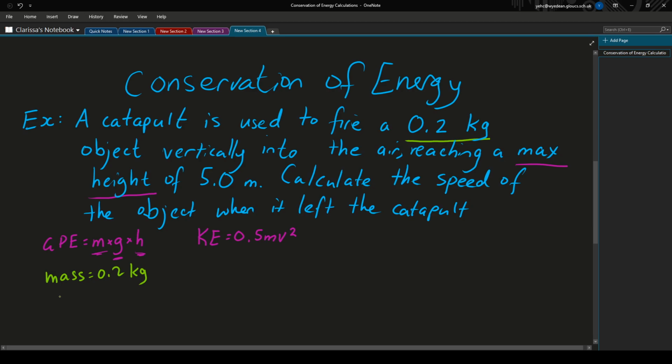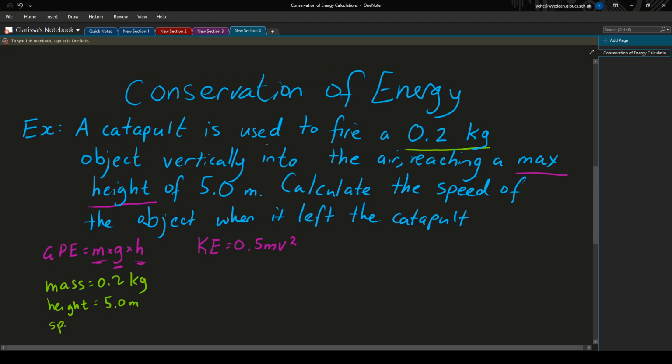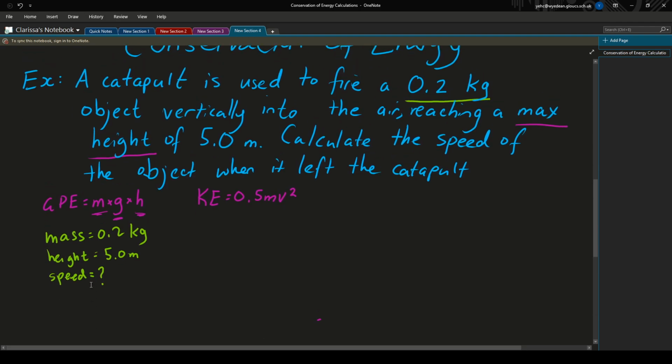Vertically into the air, reaching a maximum height of 5.0 meters. So height is 5.0 meters. Calculate the speed of the object when it left the catapult. So speed equals question mark. Okay, so that's the information I've been given.